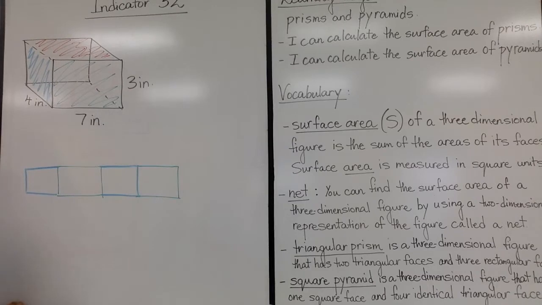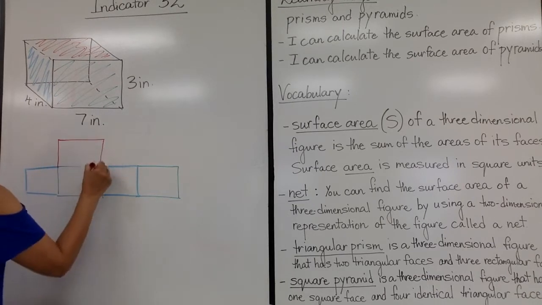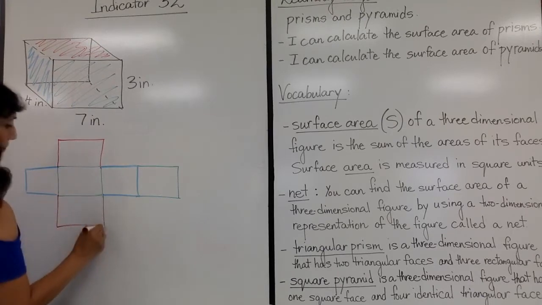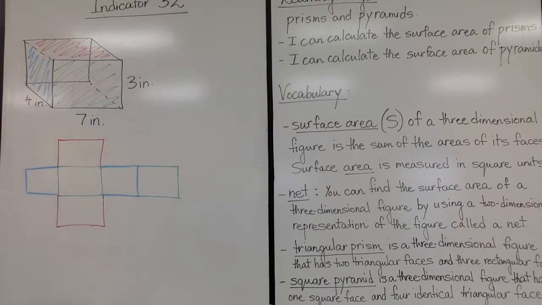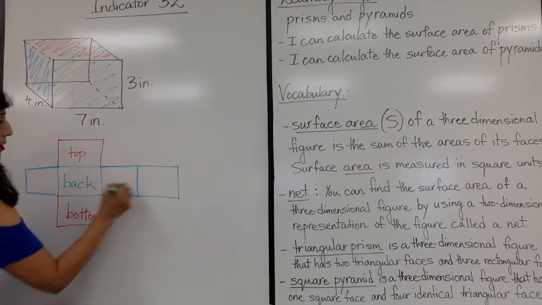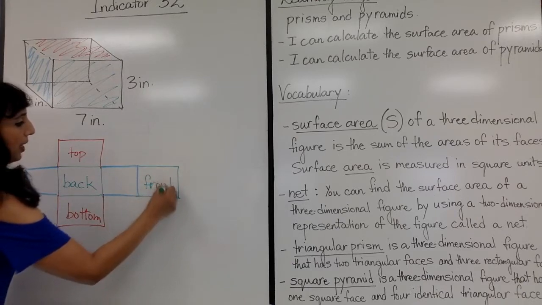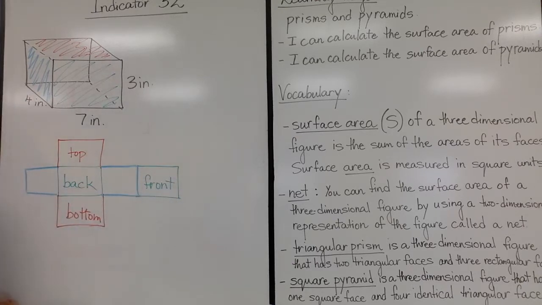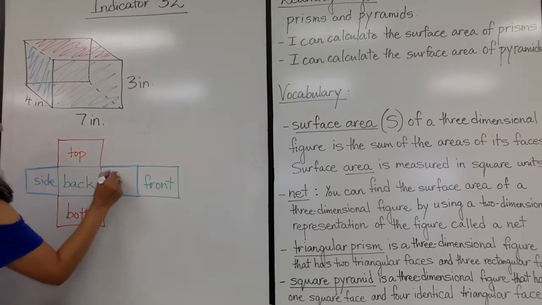And then I have the top and I have the bottom. Okay, so this is what the net looks like. This is my top, this is my bottom, this is my back and front. This is opened up like this, okay? And then I have the side and I have another side.